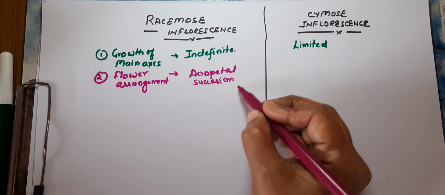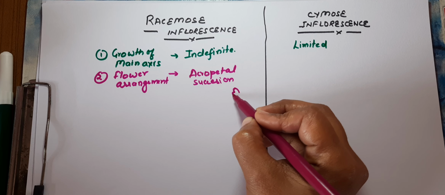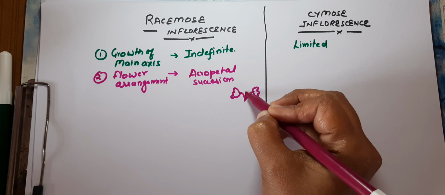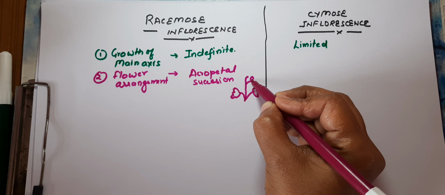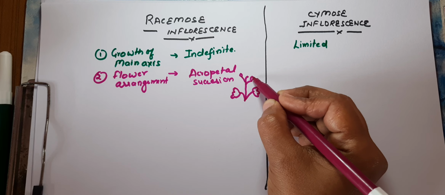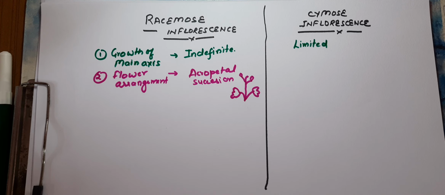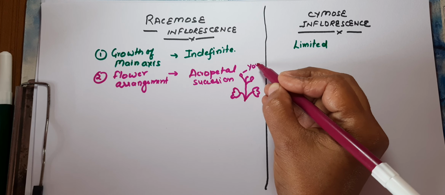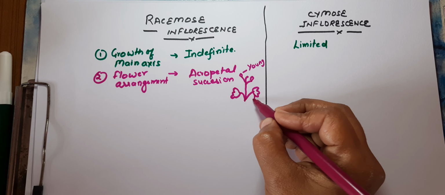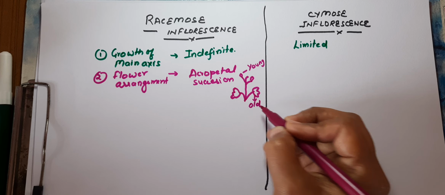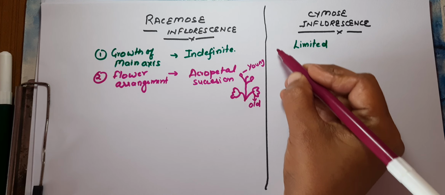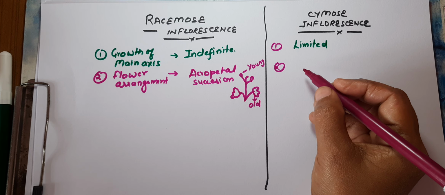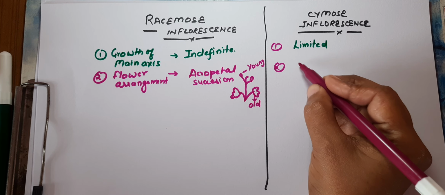In the acropetal succession, the oldest flowers are at the bottom, and at the top the new flower buds will appear, and the younger flowers will bloom at the tip. So the tip will constitute the young flowers, whereas the basal portion will contain the old flowers.